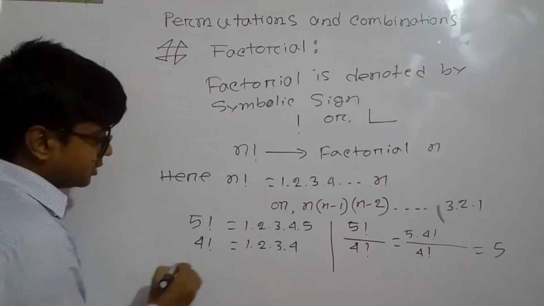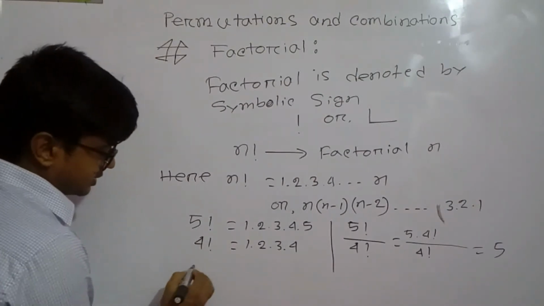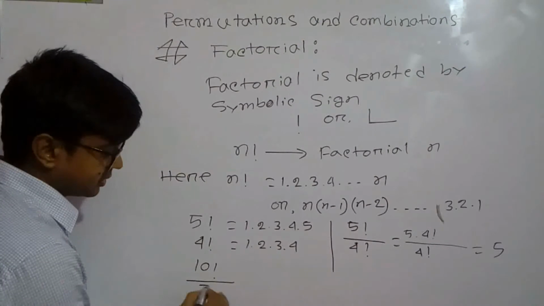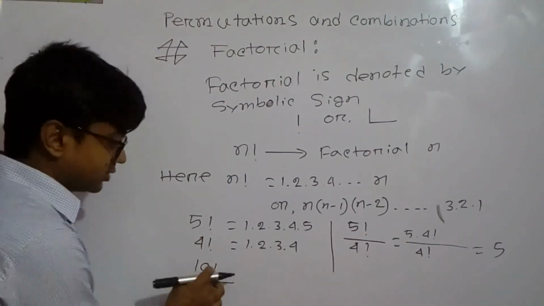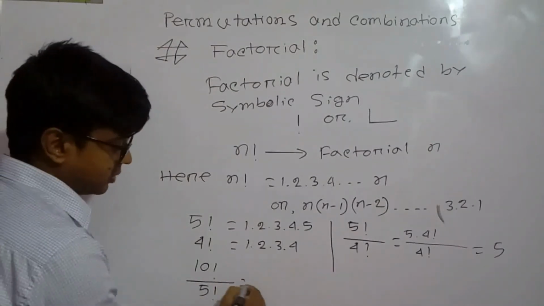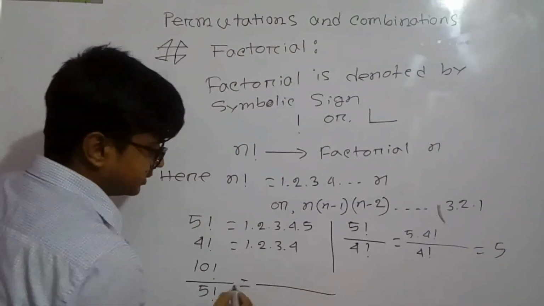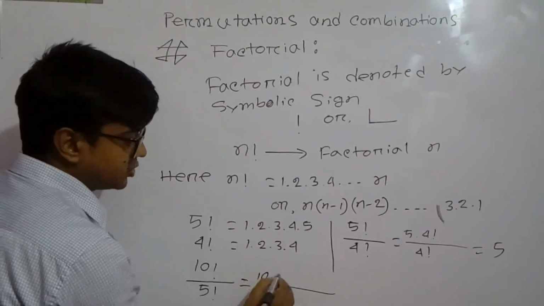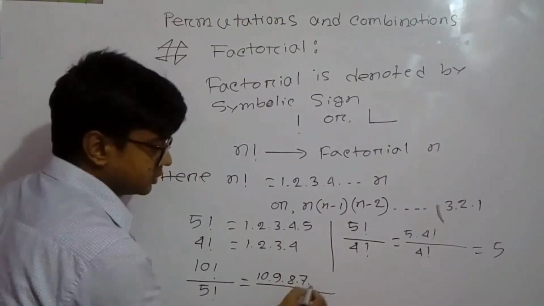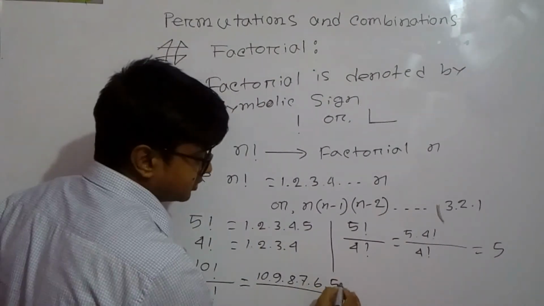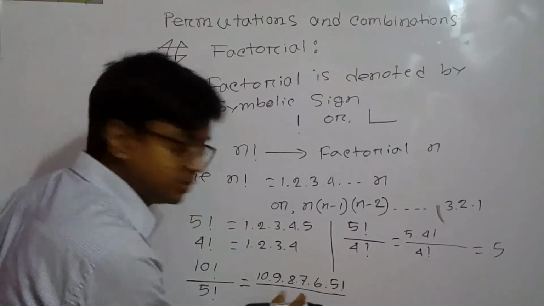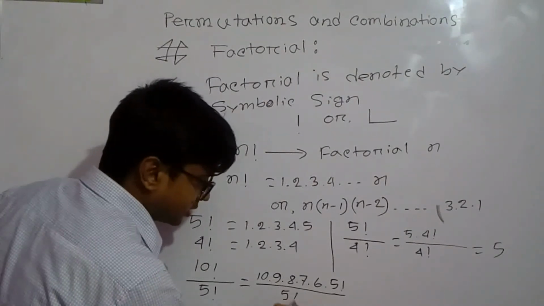Another one: factorial 10 divided by factorial 5. Our answer will be 10 into 9 into 8 into 7 into 6 into factorial 5, and the denominator will be factorial 5.